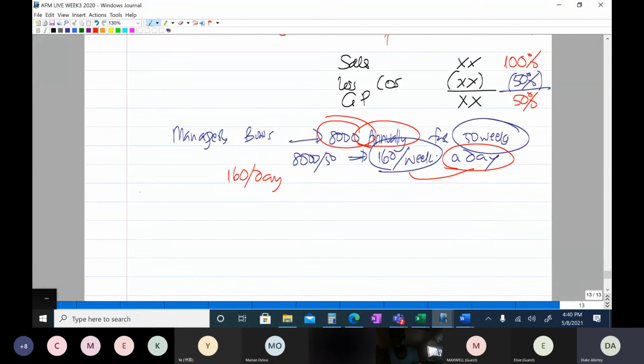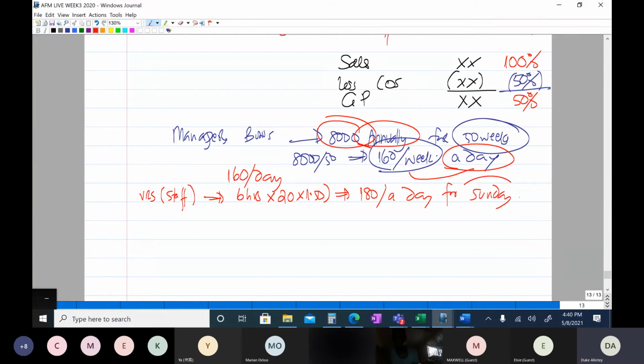But when you look at the staff, one staff works 6 hours on a Sunday, he gets 20 times 1.5, and that staff takes home 180 a day for every Sunday work.